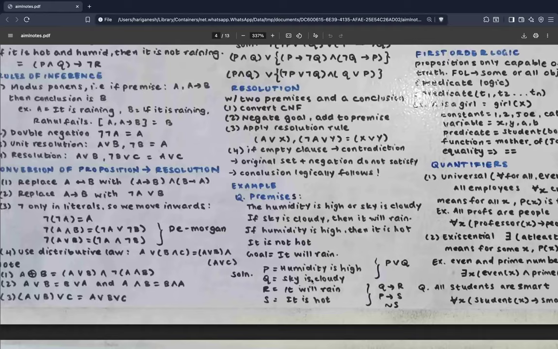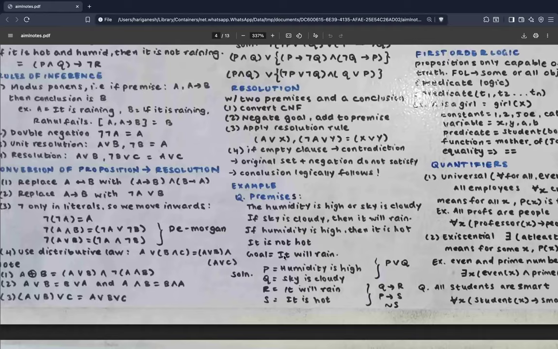The first premise becomes P or Q. If sky is cloudy, then it will rain becomes Q implies R. If humidity is high, then it is hot becomes P implies S. And then it is not hot becomes not S because you defined S as it is hot. It doesn't really matter how you define them as long as you use them consistently.